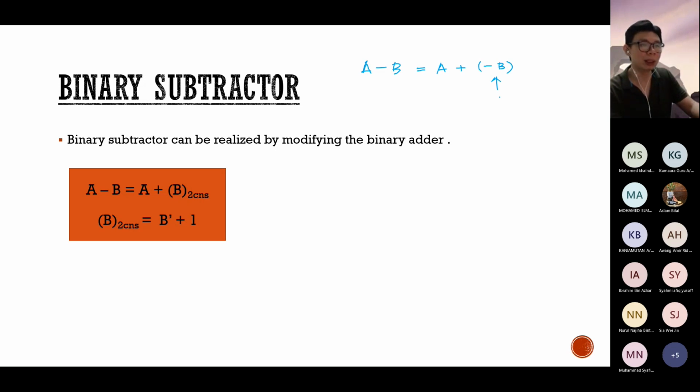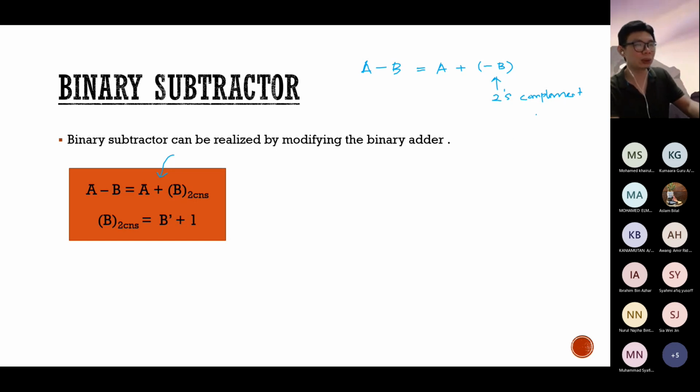It's easy. You take B and make it into the 2's complement form. That is how you make an adder circuit do subtraction. You're still performing addition over here, A plus the 2's complement of B. That is our target, so we can still use the adder circuit.